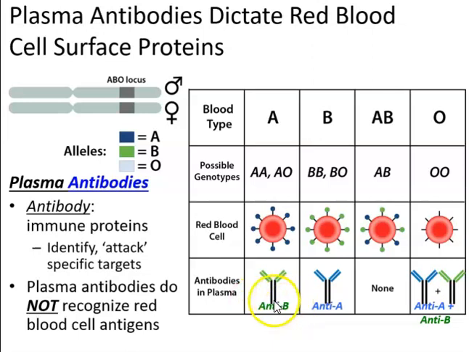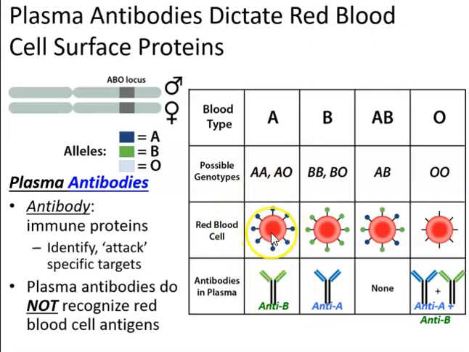Because if we had anti-A antibodies in our plasma, being type A blood, these antibodies would attack the red blood cells, causing an immune response. So plasma antibodies do not recognize red blood cell antigens of that type. For example, if we have type A, our anti-B antibodies in the plasma will not recognize these antigens.